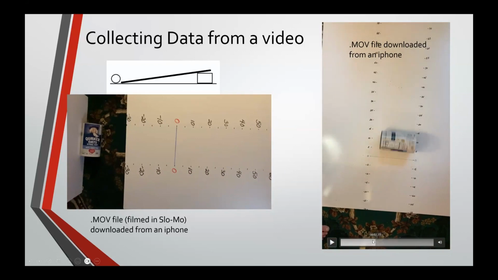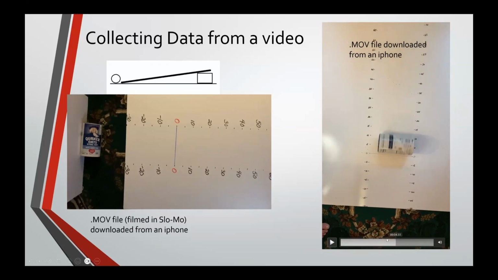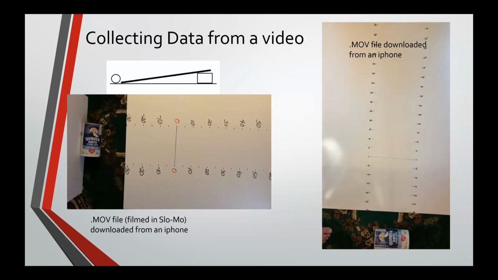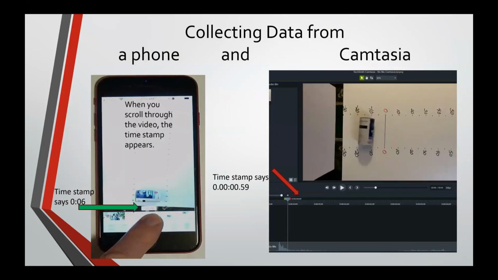You can see how you can gather negative and positive data. I don't know if there are any questions so far. Not so far. Keep going. It was approximately 10 degrees of tilt of the ramp.